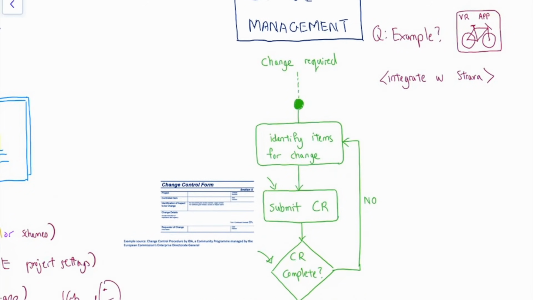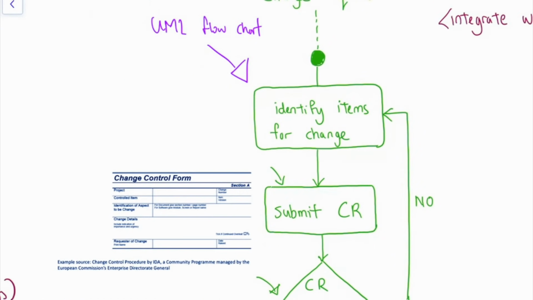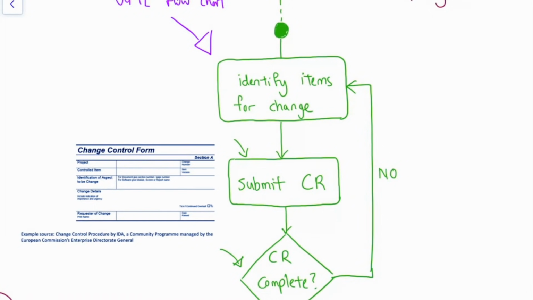Firstly, introducing another diagram over here. This diagram that we are seeing is basically a UML flow chart, which is quite intuitive. It's similar to your state chart, and I think most of us have seen flow charts before, so there's no need to specifically describe all this.